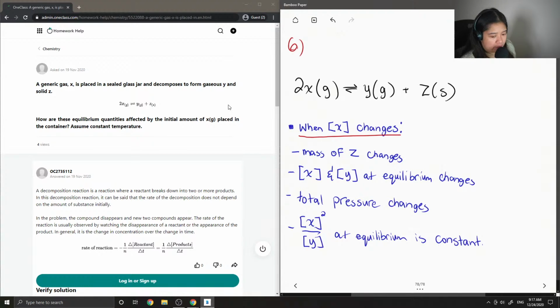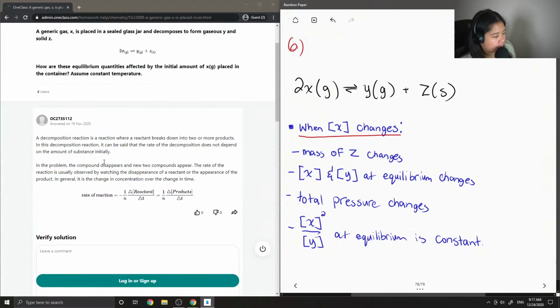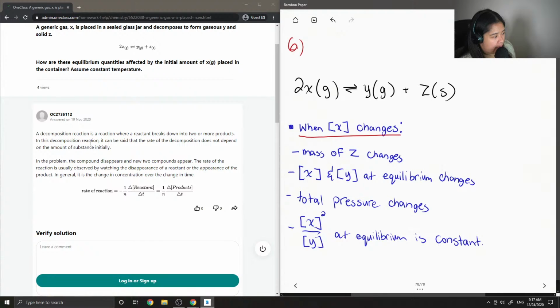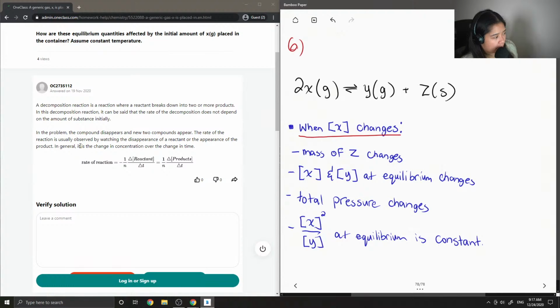Okay, so let's see what the junior tutor said. A decomposition reaction is a reaction where a reactant breaks down into two or more products. In this decomposition reaction, it can be said that the rate of the decomposition does not depend on the amount of substance initially. Yep.